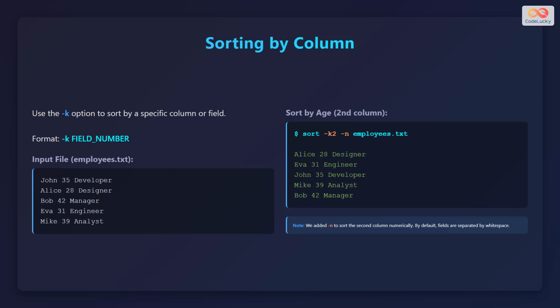The output is Alice 28 designer, Eva 31 engineer, John 35 developer, Mike 39 analyst, Bob 42 manager. Remember that we added n to sort the second column numerically. By default, fields are separated by white space.